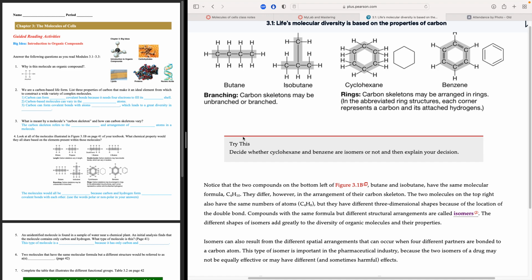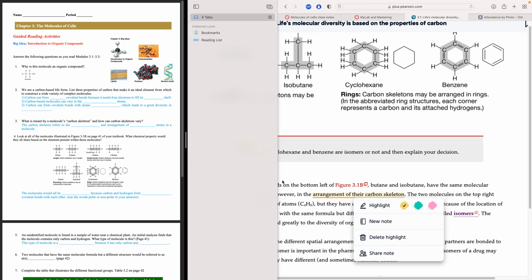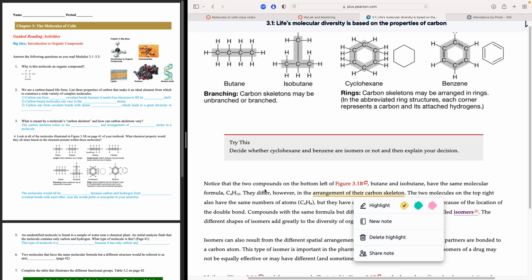I saw it just a second ago. There it is. An arrangement of their carbon skeleton. So what is meant by a molecule's carbon skeleton?